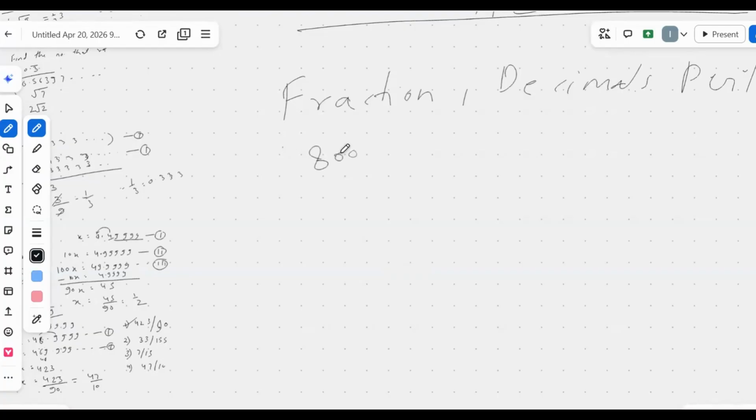If a question like this is given: find the percentage of 800 out of 1200. What is it going to be? Very first thing, if we have to find the percentage of anything, we use this formula.